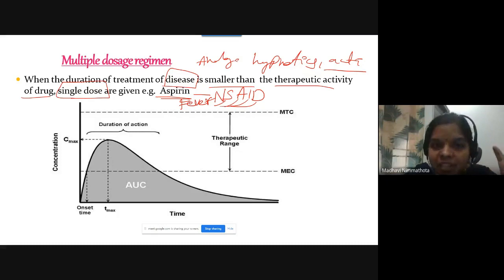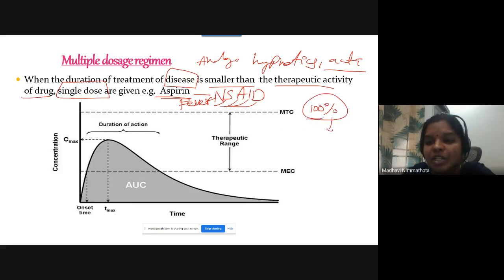For that reason, you need to take only a single dose, then you can be relieved from your disease, but 100% you can achieve only after taking repetitive administration of your drug. With a single dose you can be relieved of the fever, but this relief is temporary. If you want permanent relief from this fever, you can take this aspirin in a multiple dosage regimen, that is nothing but administering the drug repetitively.